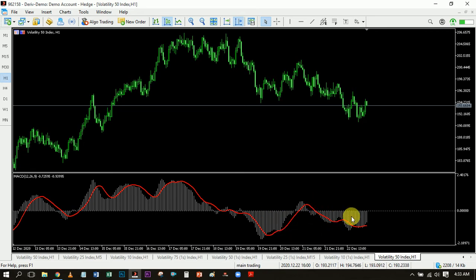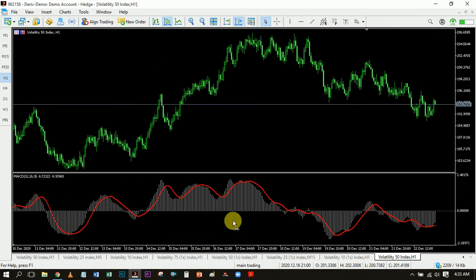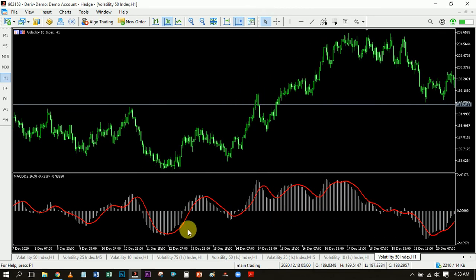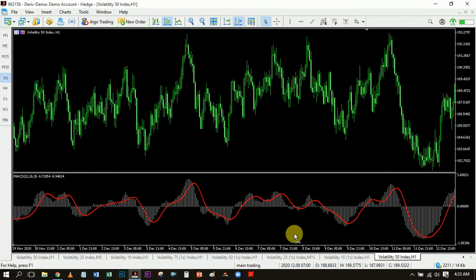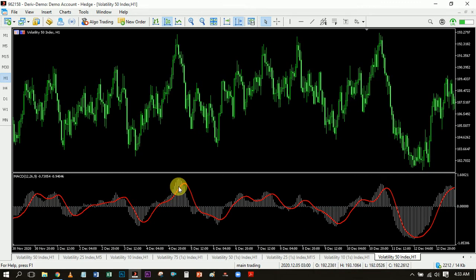Now you notice these vertical lines, we refer to them as the histogram. The histogram shows you the momentum of the market. It tells you that the market is beginning to cross to the other side, maybe to either overbought or oversold.